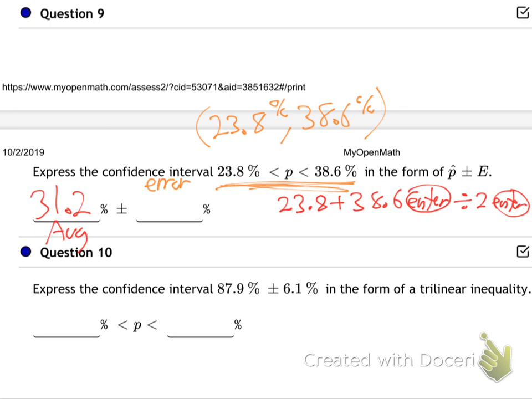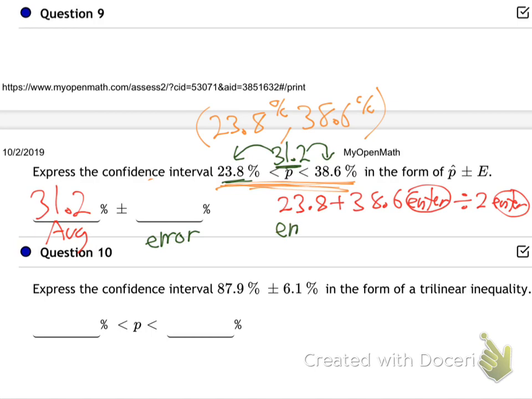And then how do you find the error amount? If 31.2 is the middle of the 2 numbers, then you want to know how far from the middle back and forward. It's going to be the same amount. You can do it 2 different ways. I'm going to take the middle one minus the small.